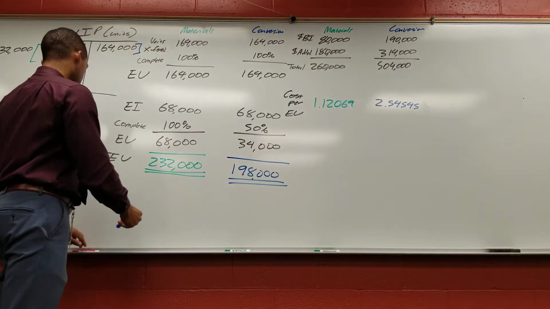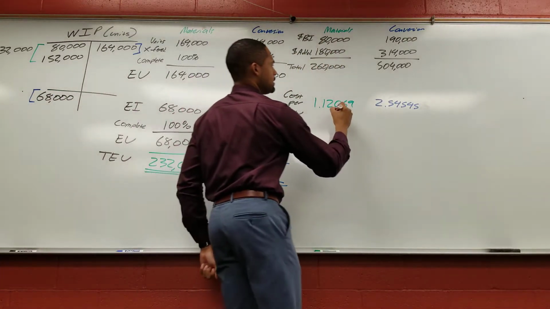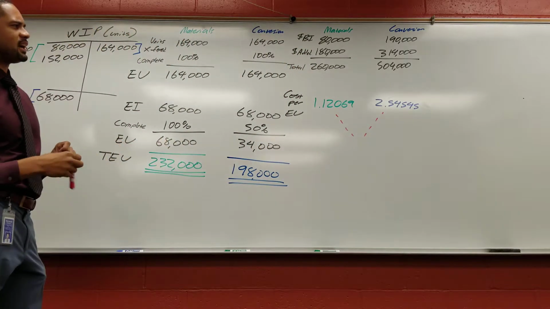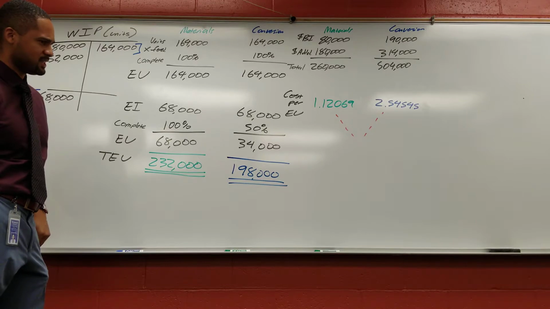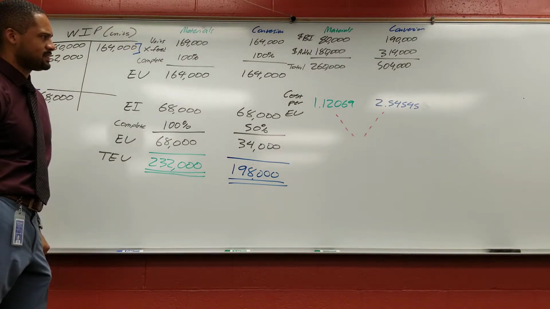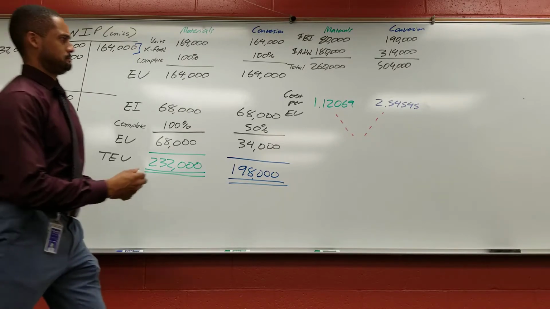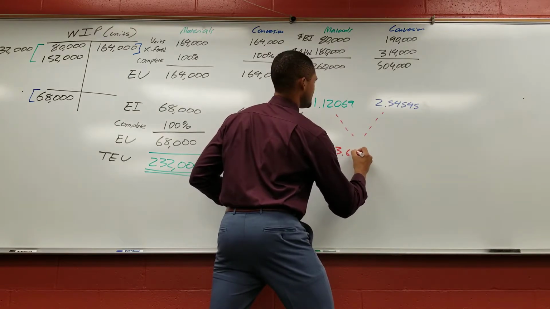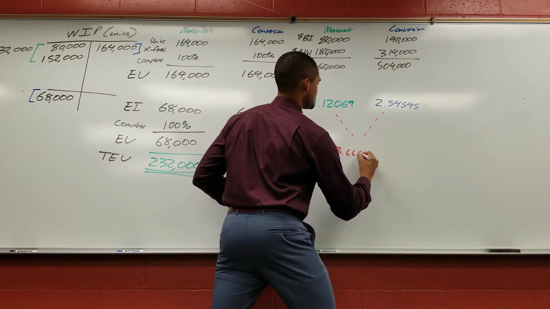And just for fun, let's combine these. 1.12069 plus 2.54545 should get us 3.666.